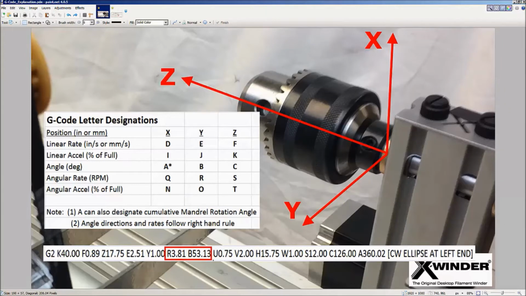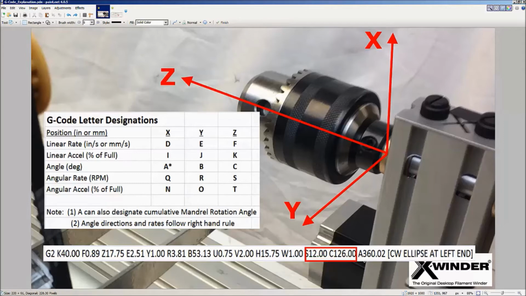The R and the B occur together because we're moving the delivery head rotation angle to 53.13 degrees at a rate of 3.81 degrees per second. Now the U, V, and the H and the W, I'll talk about those in a second. They define the center of the ellipse and so forth.